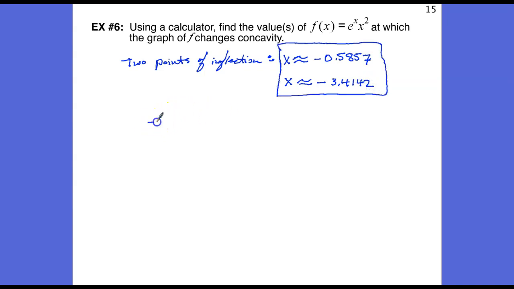And if you want, you can sketch a representation of the graph and just indicate those points of inflection. So we could say x1, x2, so this will be x1 and this will be x2.